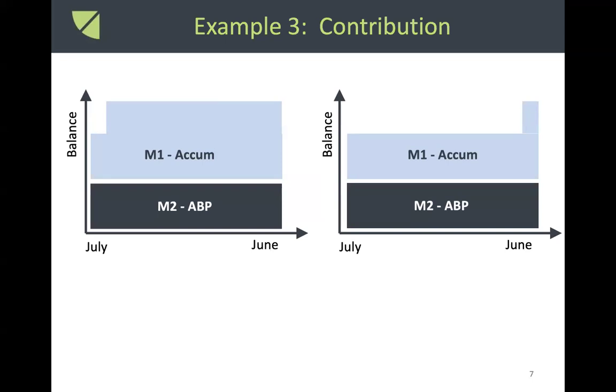So have a look at the diagrams. The first one has the member, in this case, M1, making a contribution reasonably early in the year. And the second one is M1 making that contribution late in the year. And I'm going to ask the question, which is better? Which is going to deliver a better outcome?